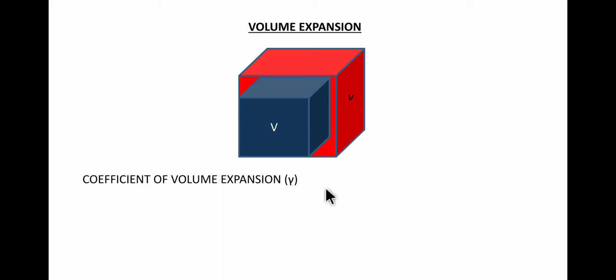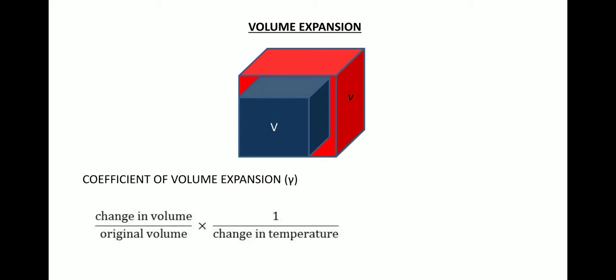This coefficient of volume expansion is actually the change in volume by the original volume times 1 by change in temperature. Look at the first one, linear expansion. It was change in length by original length times 1 by change in temperature. Beta, the superficial expansion, was change in area by original area times 1 by change in temperature.